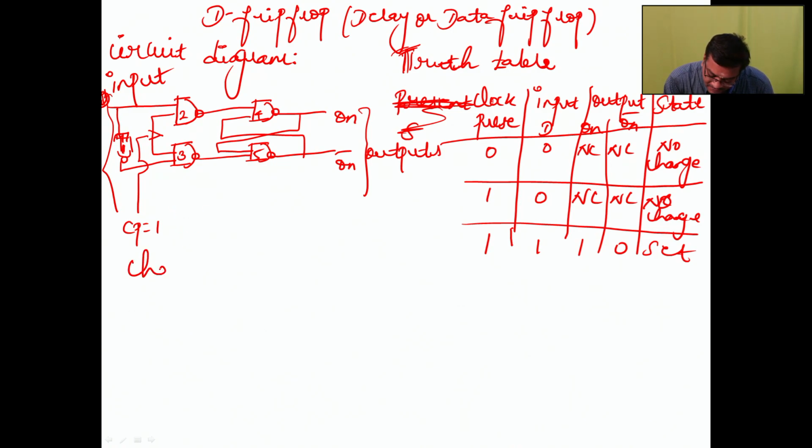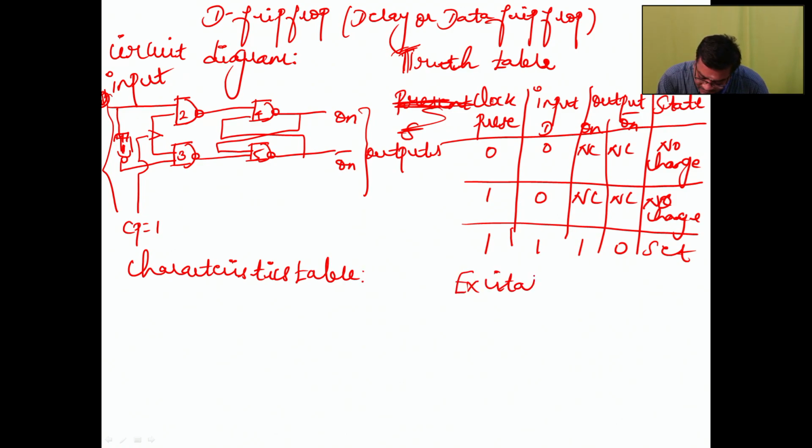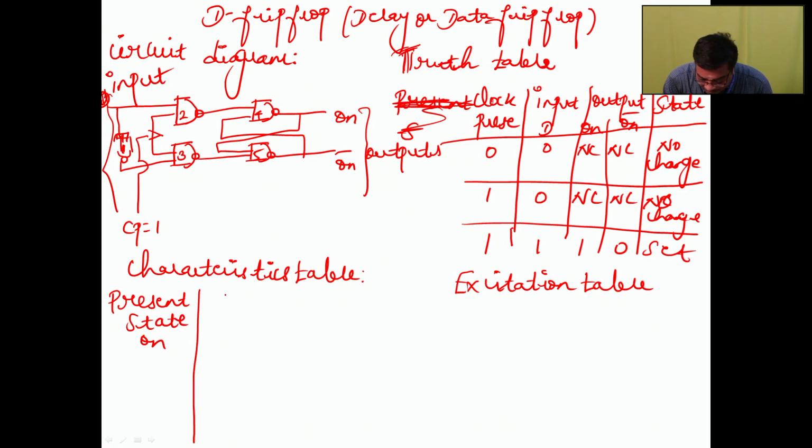Coming to the characteristics table as well as the excitation table. In the characteristics table, we will get present state Qn, input D, and next state Qn plus 1.